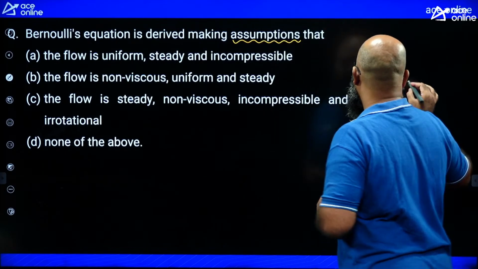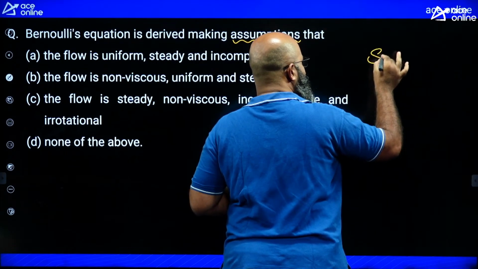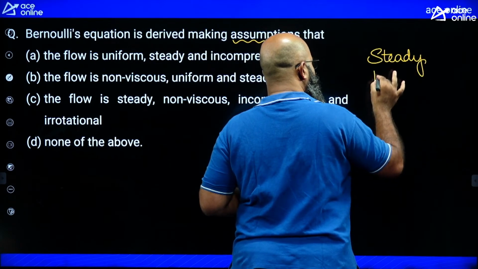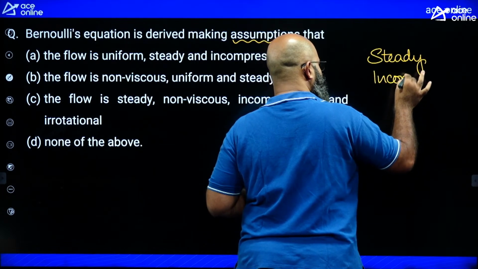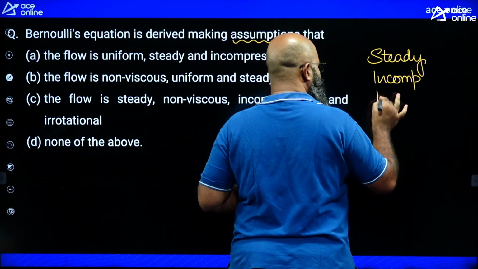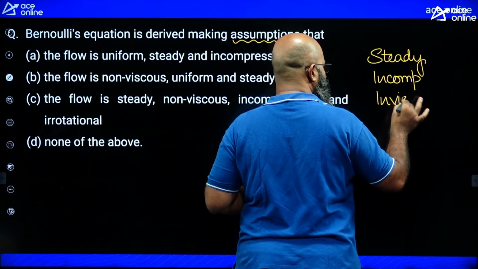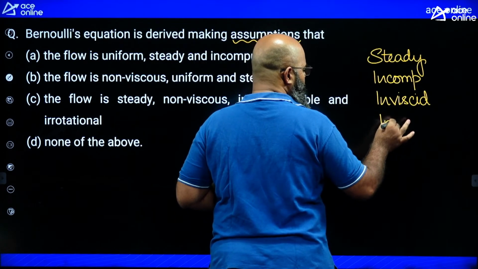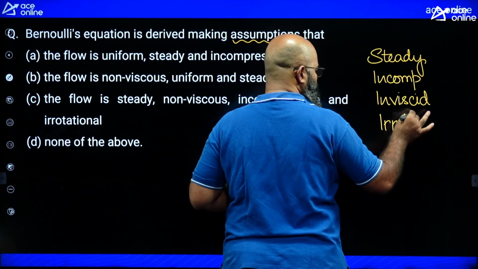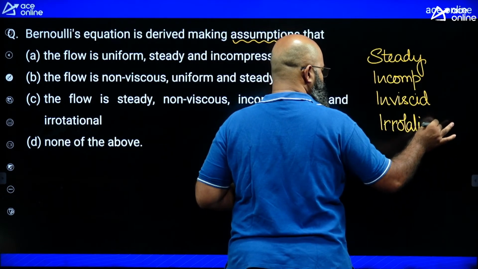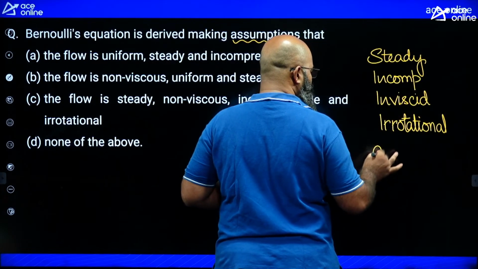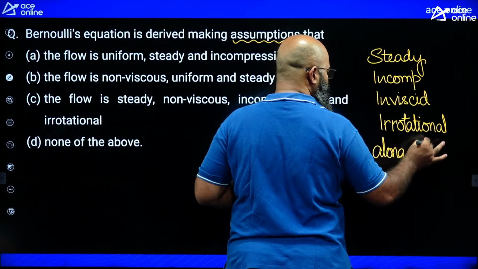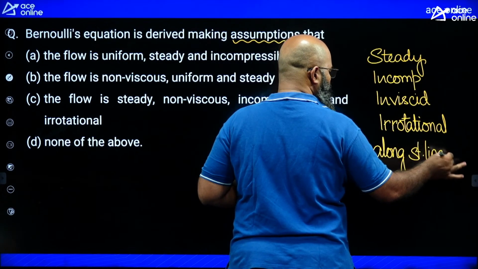First thing, the flow, remember, it is steady, it is incompressible, it is inviscid or frictionless, non-viscous, it is irrotational, it is along a streamline.